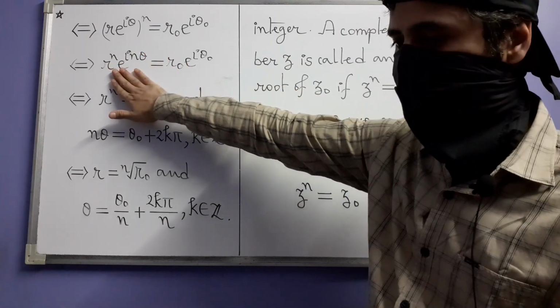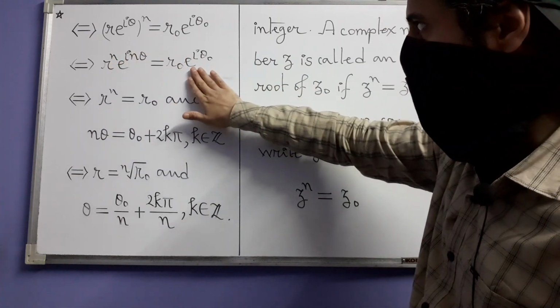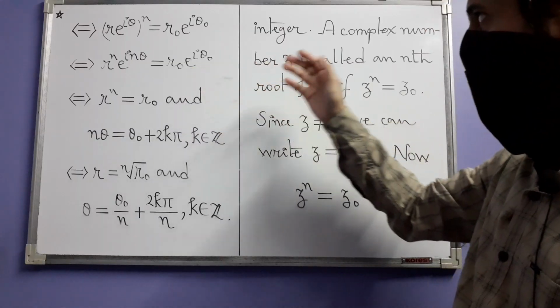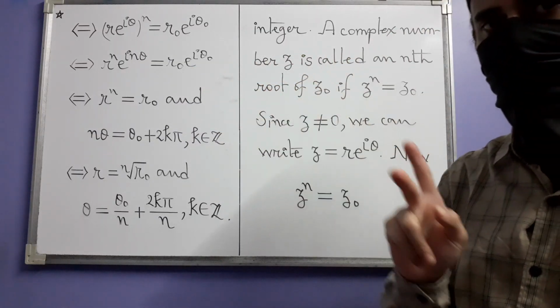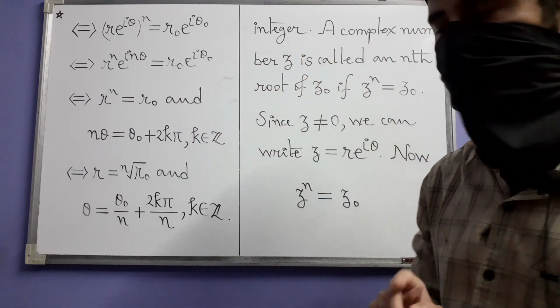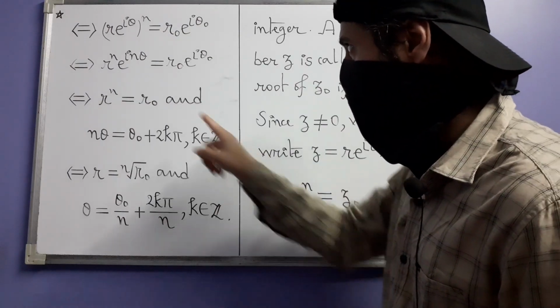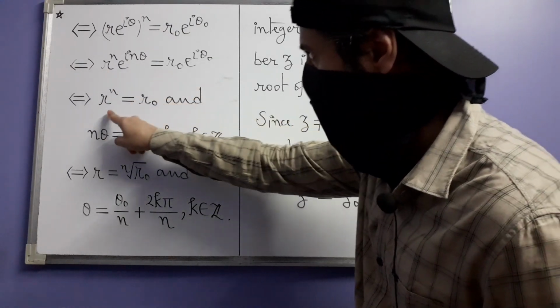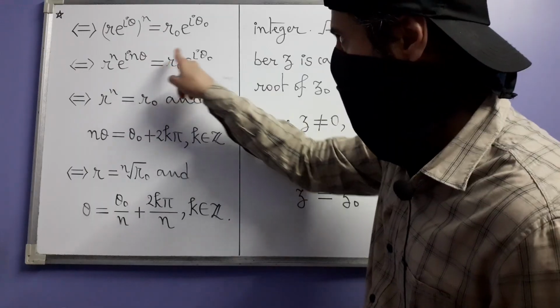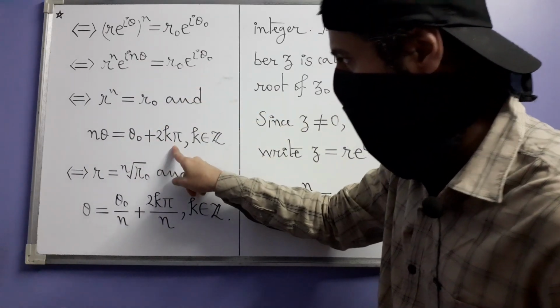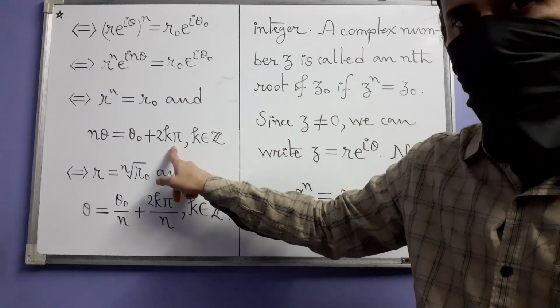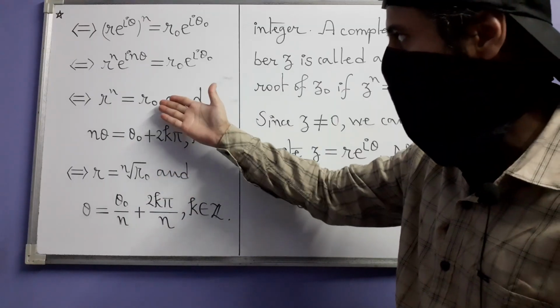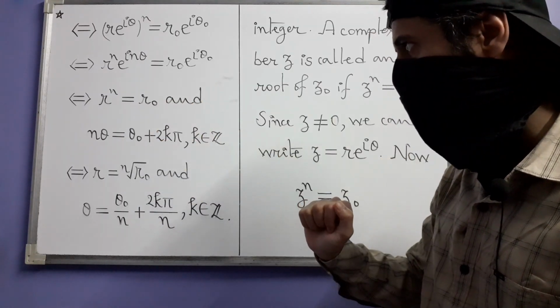Here it's a non-zero complex number. This one is also a non-zero complex number. And just now we saw that two such non-zero complex numbers are equal if and only if their absolute values are equal and their arguments differ by some integer multiple of 2 pi. So that's how we are having this.